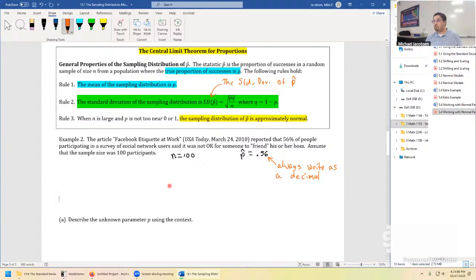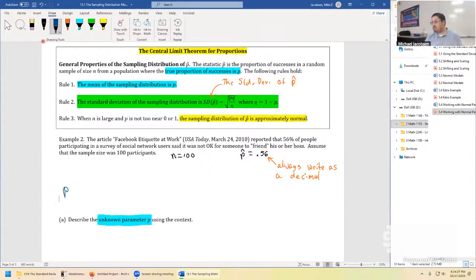Because that concept is so important, let's write out a structure, kind of like when we were interpreting the slope. It helps to have a structure. And here's the structure for the unknown parameter P. I often say unknown, just as a reminder, this is not a value we actually can put a number to. It's not 0.56. At best, it's approximately equal to, but it could be way off.